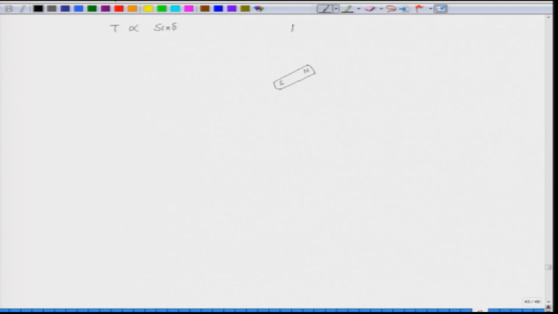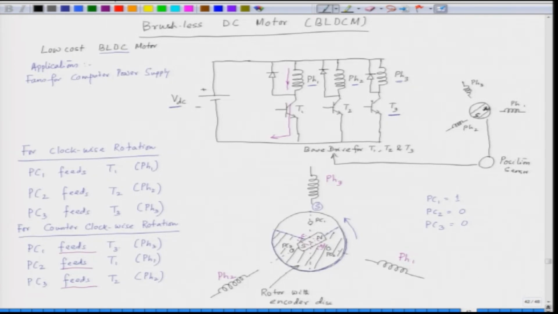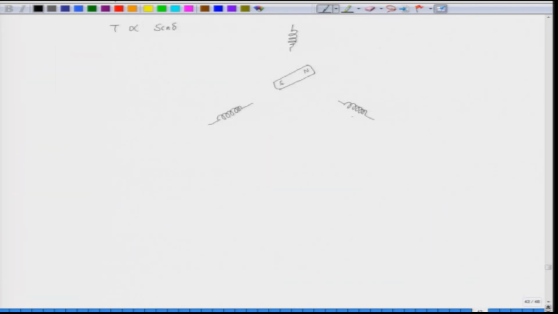We have the winding here, we have the winding here, and we have the 3 windings in this case, as we have seen here, phase 1, phase 2 and phase 3. The principle is that whenever we energize a winding, a south pole is created under that winding and the south pole attracts the north pole. The magnet can rotate in clockwise rotation, or if we excite this winding, the south pole is created here, and the motor may rotate in the counterclockwise rotation.